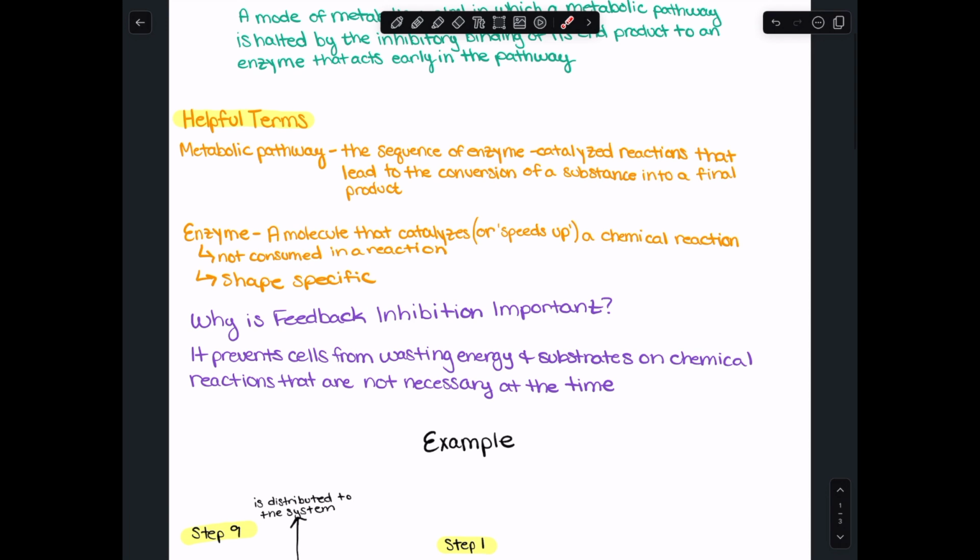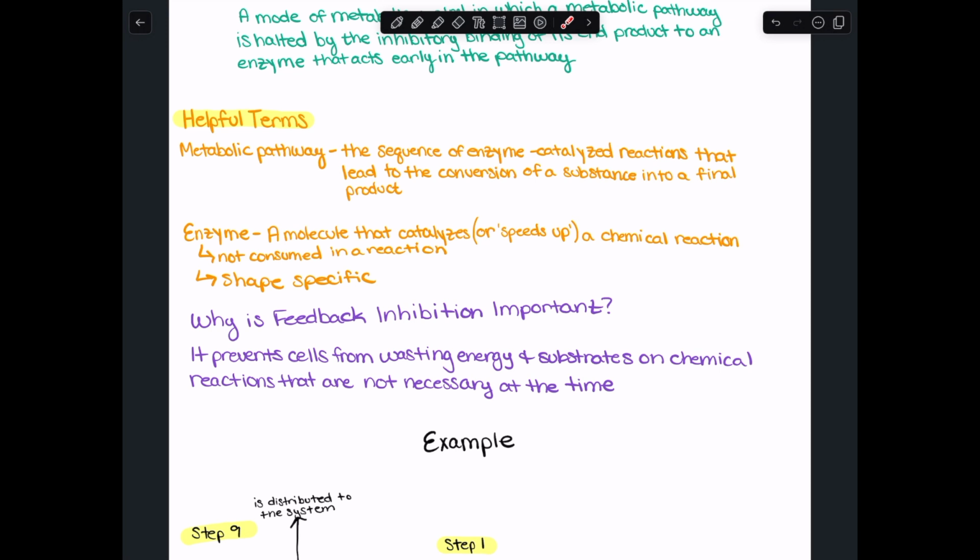So why does our body do this? Why is feedback inhibition even important? It prevents cells from wasting energy and substrates on chemical reactions that are not necessary at the time. So I'm sure you guys have been introduced to energy and ATP at this point. Our bodies only have a limited number of ATP molecules at any given time.